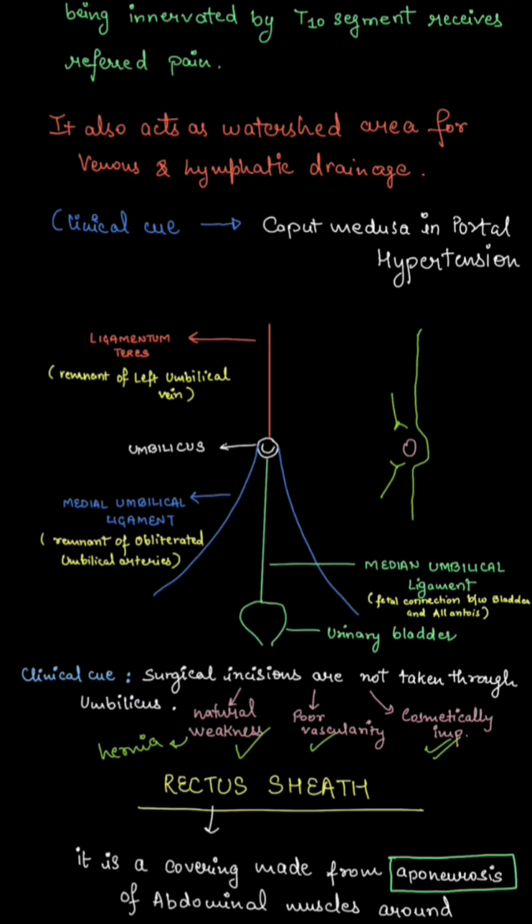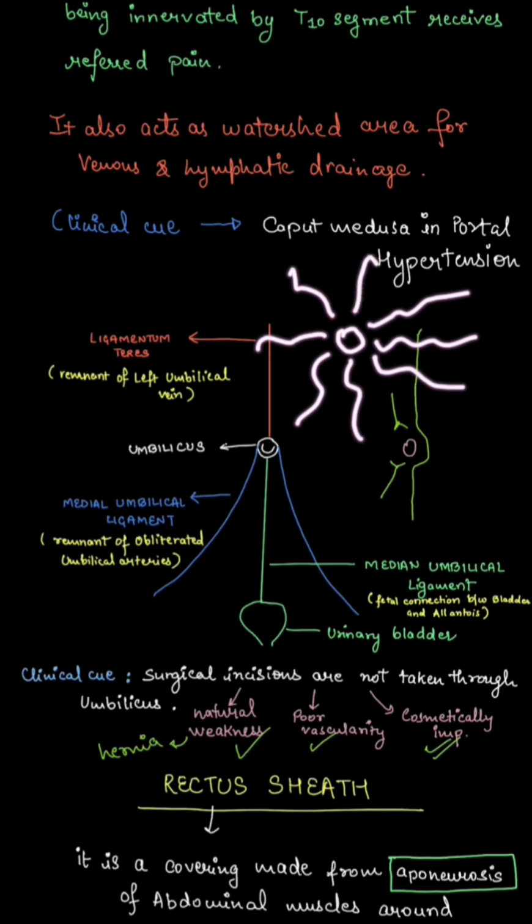And this is the reason why we see a medusa head appearance in case of portal hypertension. This is the appearance. Here none of the vessels cross the umbilicus, but all of the vessels are around the umbilicus. This shows why umbilicus acts as a watershed area.